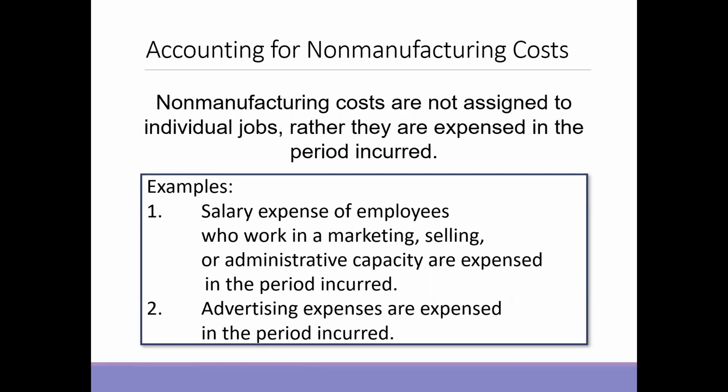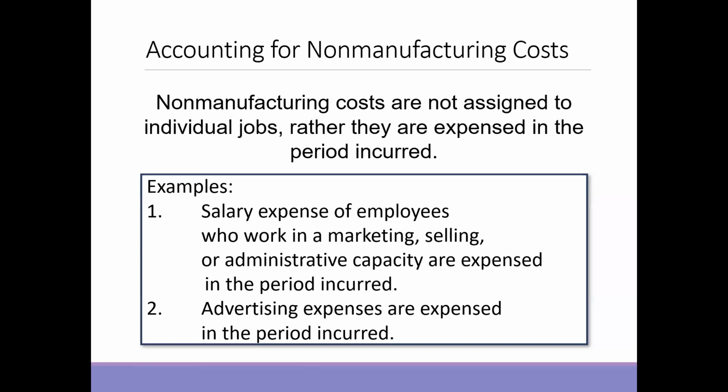Therefore, those go right into the income statement as an expense. See how we're flowing everything else through inventory, but not items that are non-manufacturing related. Salary expenses of employees that work in a marketing, selling, or administrative capacity will never be put in production costs.